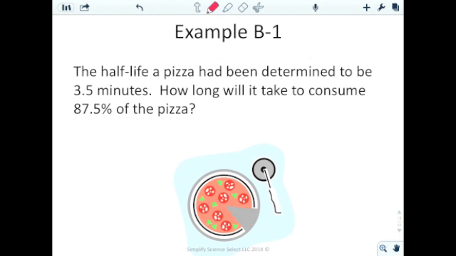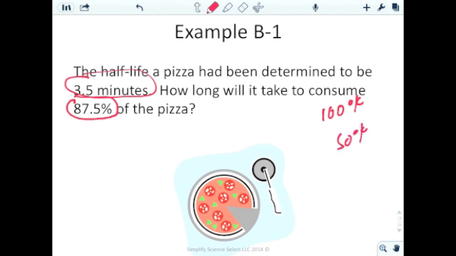When we're looking at this one, what we can say is that the half-life of a pizza has been determined to be 3.5 minutes. How long will it take to consume 87.5% of the pizza? And so when we're looking at this, to consume 87.5, how much do we have left? So we can think we went from 100% of our pizza, we ate 50%.